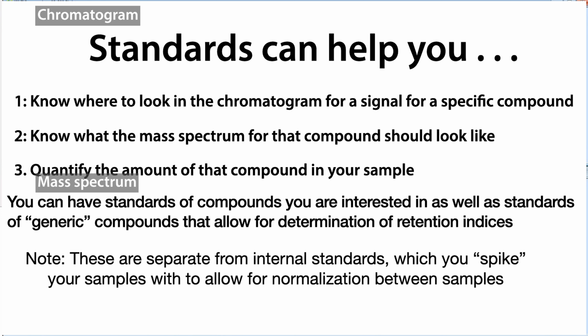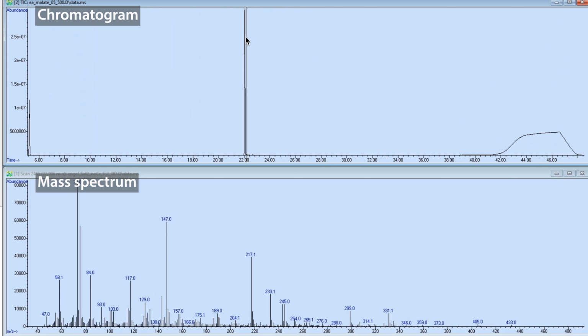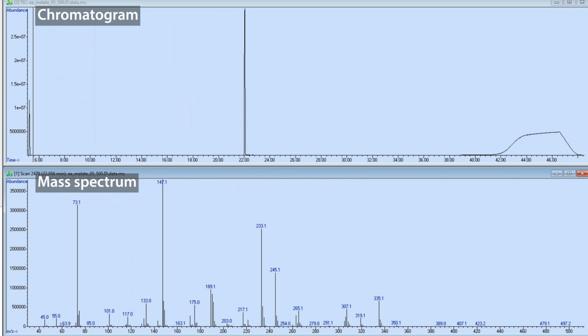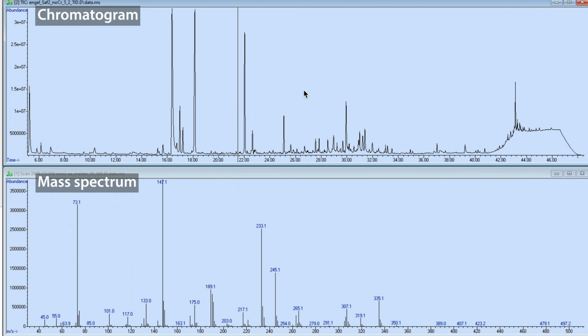Say I knew I was interested in looking for malate. These were bacterial extracts, and there was a lot of stuff in there. I asked what some of the key things we're interested in were, and one was malate, so I ran a standard of malate. You can see that this is where malate ran. If I go back to the sample we were looking at before, I could do a couple of things.